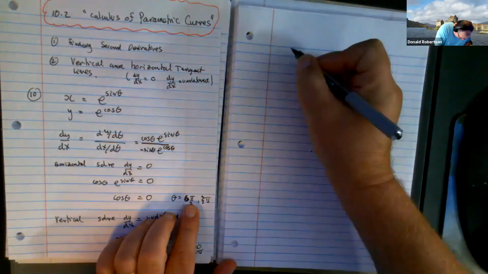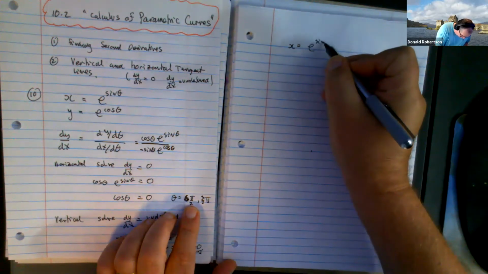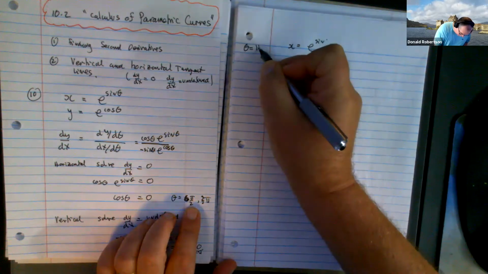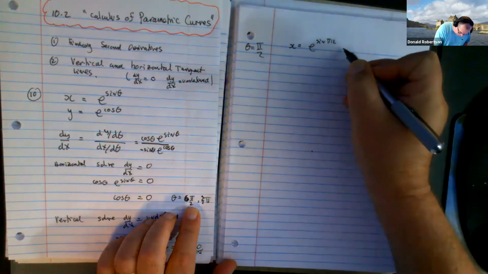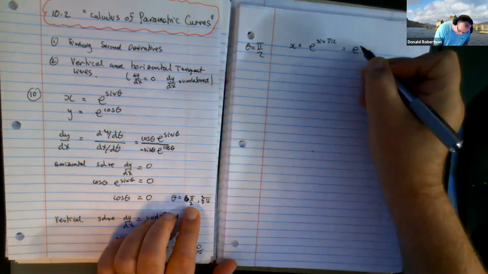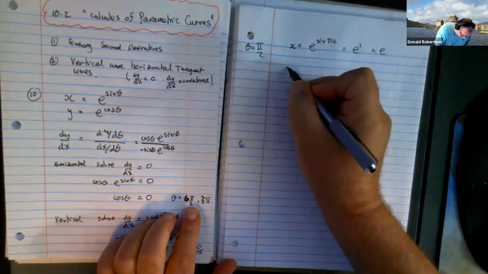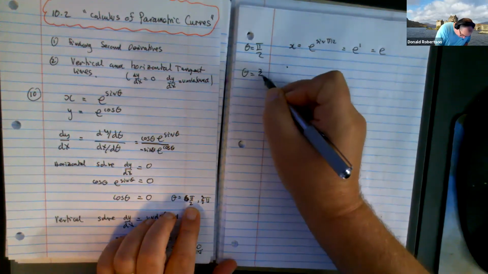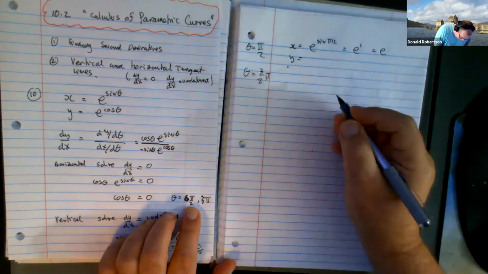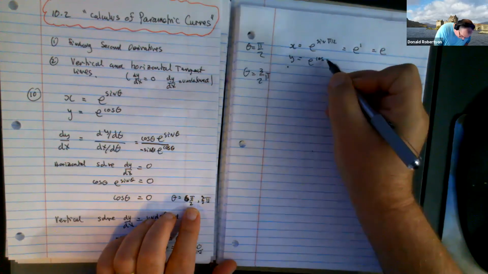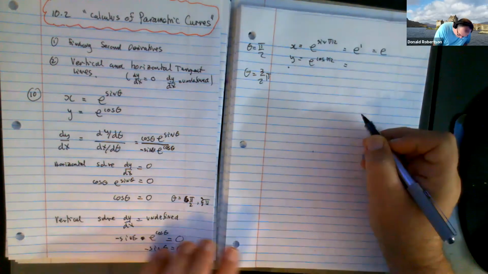Right, so the x coordinate is going to be e to the sine. So when theta is pi upon 2, the x value is going to be e to the sine of pi upon 2. That's going to be e to the 1, which is e. And when you use theta as 3 upon 2 pi. Oh, I forgot the y coordinate. And the y coordinate is going to be e to the cosine of pi upon 2. And the cosine of pi upon 2 is 0.